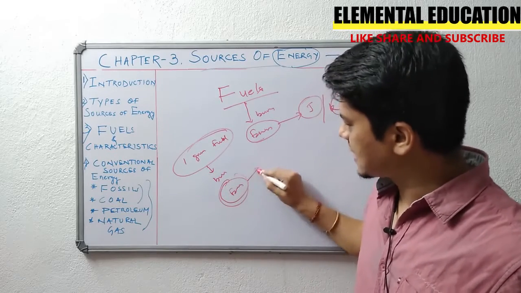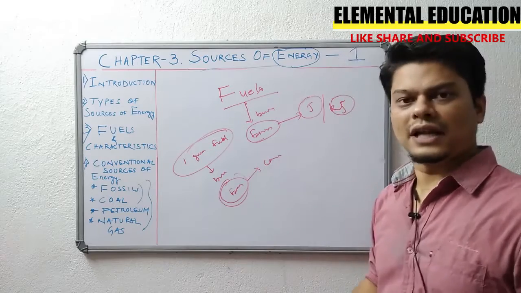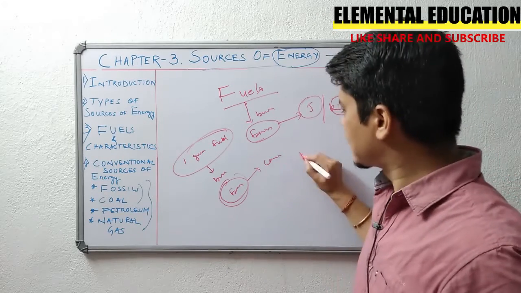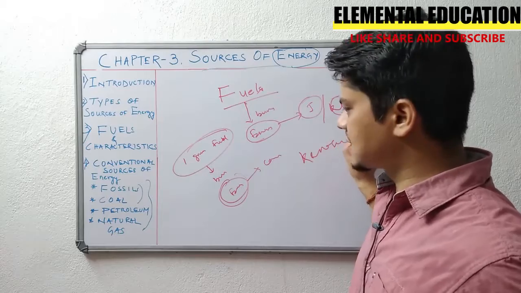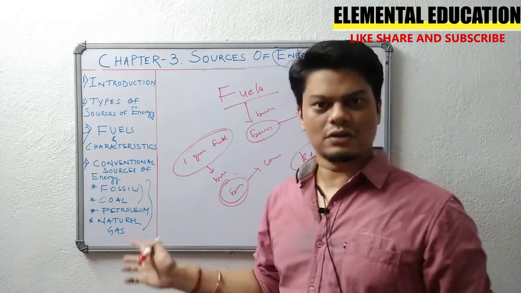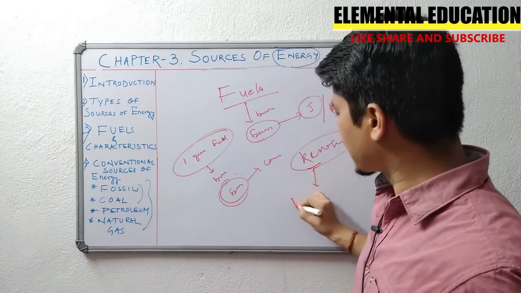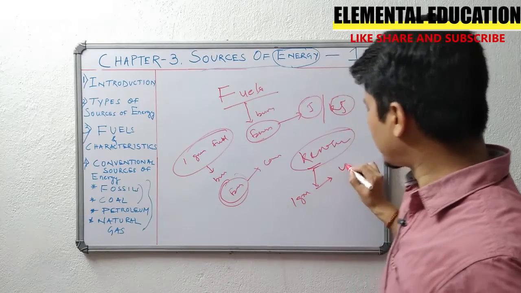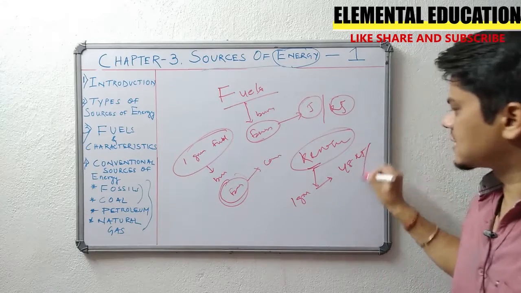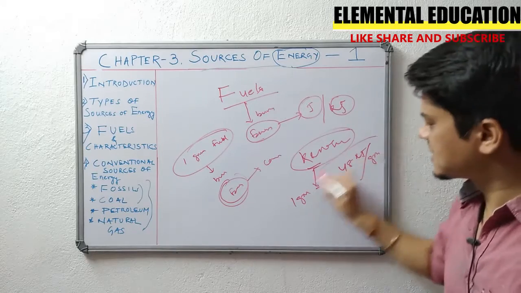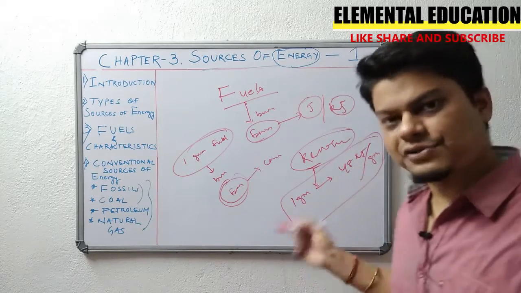That energy is the calorific value of the fuel. Like if I take kerosene, a petroleum or crude oil product, 1 gram gives 48 kilojoules of energy. So this is the calorific value of kerosene.